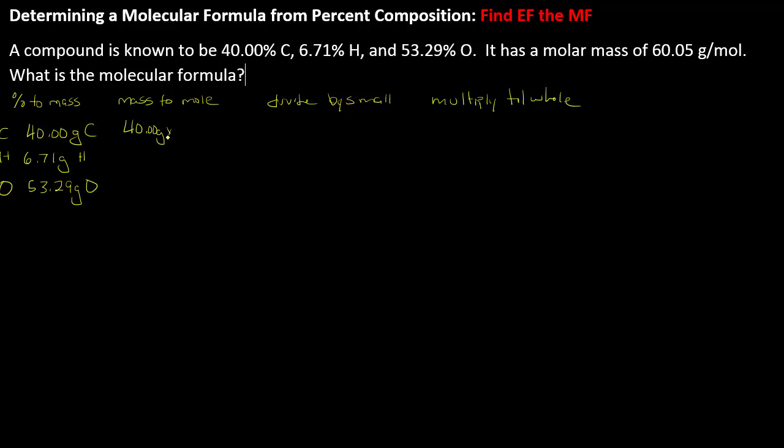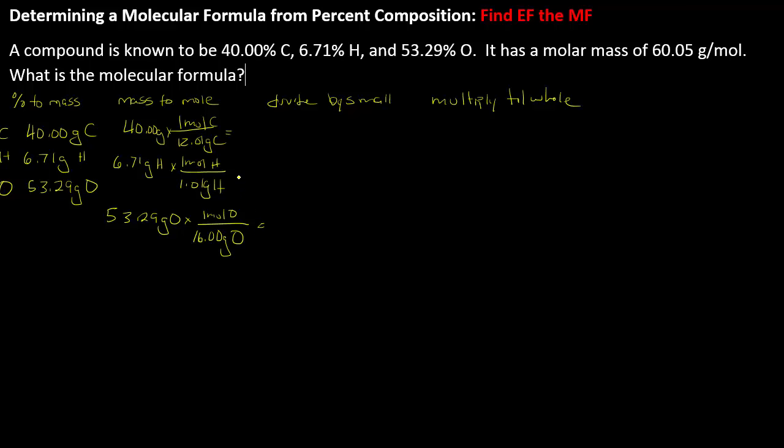So 40 grams of carbon to moles of carbon, so it's 40 divided by 12.01. 6.71 grams of hydrogen, we're going to convert that to moles of hydrogen using the molar mass of 1.01 grams per mole. Oxygen, 53.29 grams of oxygen times 1 mole of oxygen divided by 16.00 grams of oxygen.